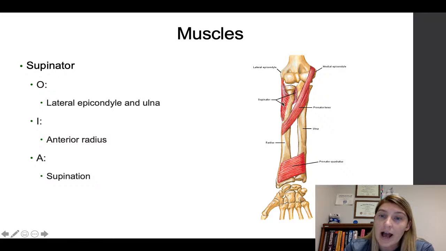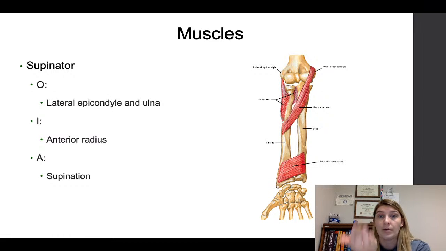So it's wrapping posteriorly, inserting on that kind of medial aspect of the, technically be lateral aspect of the ulna, but the inside of the ulna. And it's going to wrap around and insert anterior radius. So front of radius. And it is going to do supination. So palm up.